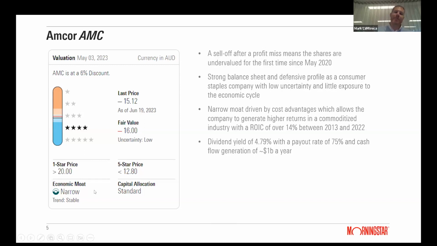Then we've got economic moat. Now, packaging, as you're probably not surprised, has really become a bit of a commodity. So at the end of the day, there are very few things we can differentiate if we are manufacturing packaging for products. There's very few things that we can differentiate from our competitors.